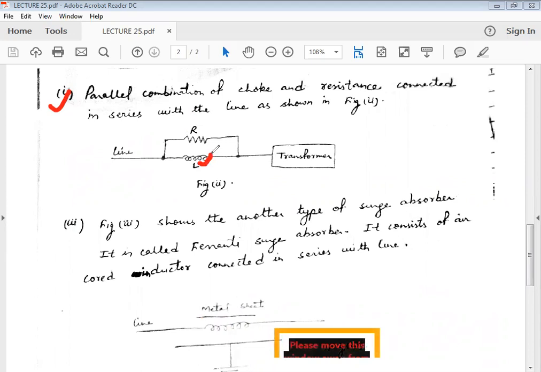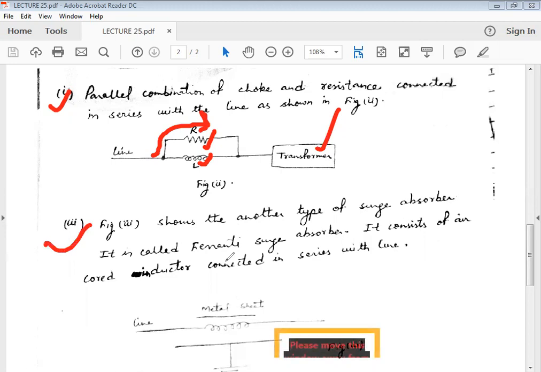It performs its duty by opposing the rate of change of current. Due to the use of resistance in parallel with it, all the energy is dissipated in this resistance in the form of heat. So the transformer is protected against the surge. So the second is a parallel combination of choke and resistance.